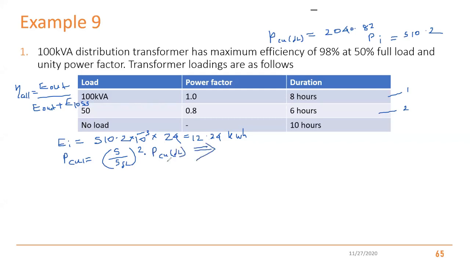You can use this equation because you know the copper loss at full load and the load is given as an apparent power kVA value. So you can directly substitute it here. P copper 1 is 100 kVA over 100 kVA squared times the full load copper loss, which is 2040.82. You have to divide it by 1000 to get kilowatt.